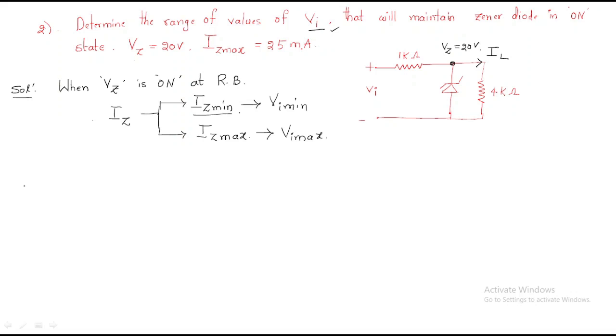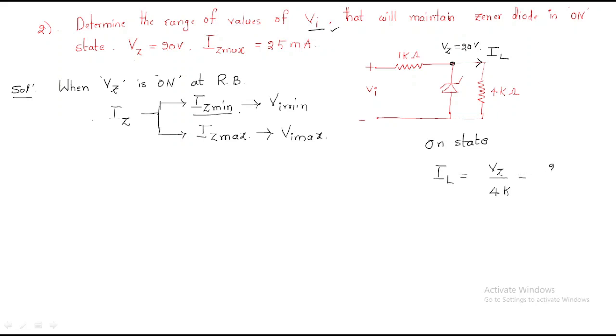Before that, generally the Zener is in the on state. For the on state, the Vz value is always fixed at 20 volts, in the reverse bias case. The Zener branch and the load are in parallel, so they have the same potential difference. By using that, load current equals Zener voltage divided by the 4 kilo ohms RL.